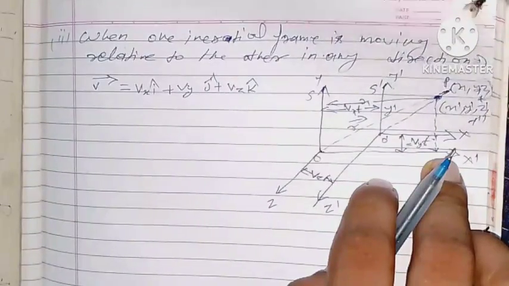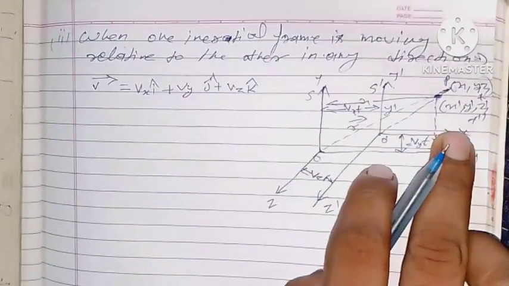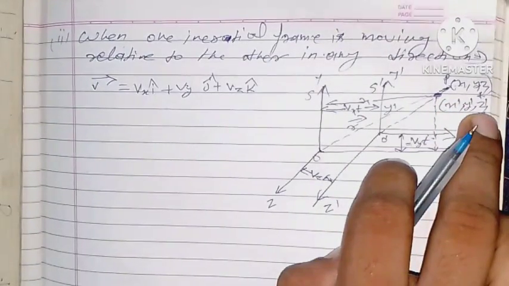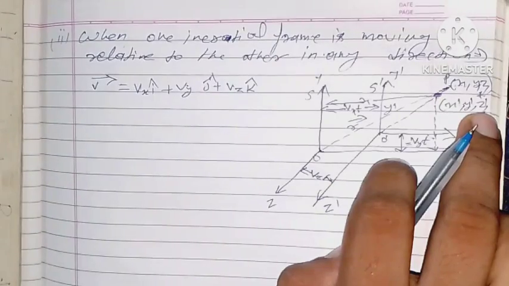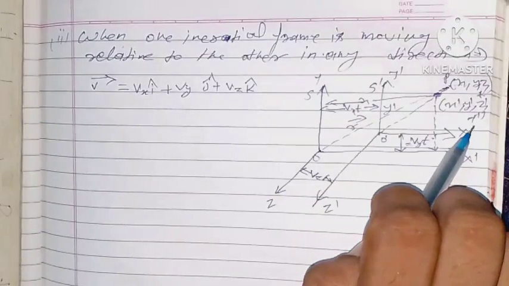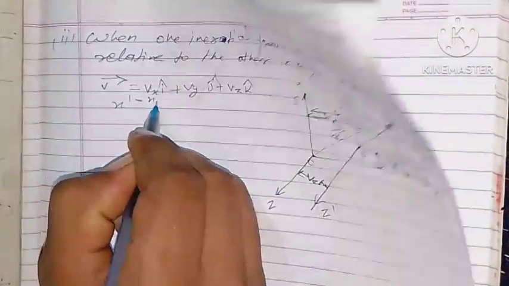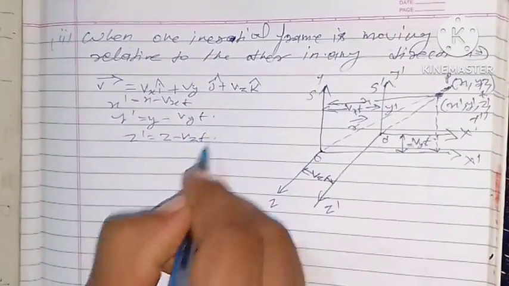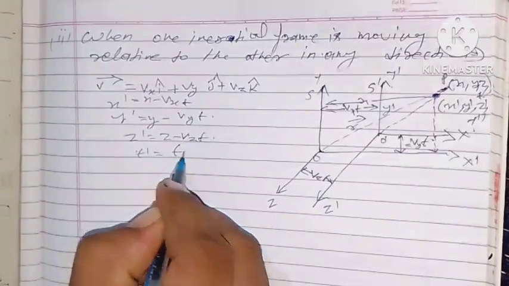If x, y, z and t are the coordinates of an event P in the frame S, and x dash, y dash, z dash and t dash are the coordinates of the same event in the frame S dash, then x dash equal to x minus Vx t, y dash equal to y minus Vy t, z dash equal to z minus Vz t, and t dash equal to t.